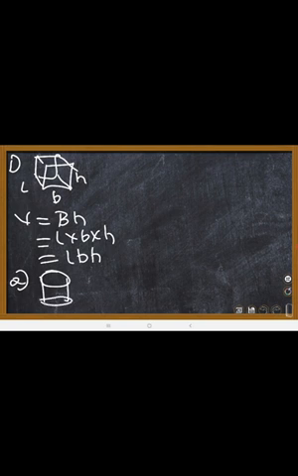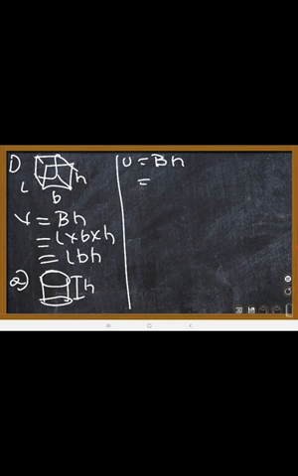Remember that the volume of a three-dimensional solid of uniform cross section is base area times height. Of course, you can see that the base is a circle. It has a circular base and a circular top. So the volume is going to be base area times height as usual.